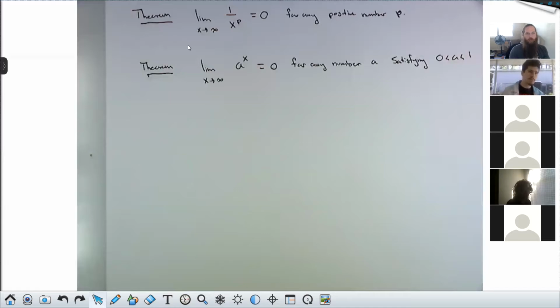This is coming from what we know about horizontal asymptotes of exponential functions, right? So if you have an exponential function where the base is between 0 and 1, that's a decaying exponential. And decaying exponentials tend towards 0 as you wander further and further off to the right.